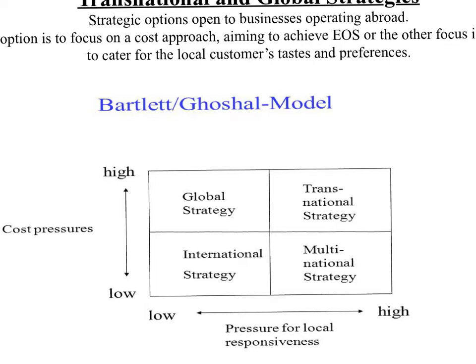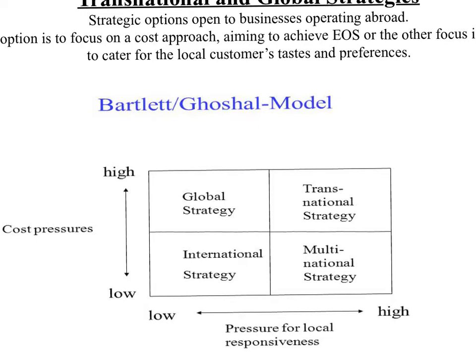Transnational strategy, they want to achieve cost advantages, but they also know or believe that they have to consider that specific market as well to really succeed. In terms of catering for the local responsiveness, then again transnational is one of the key strategies, but the other one is multi-domestic strategy.